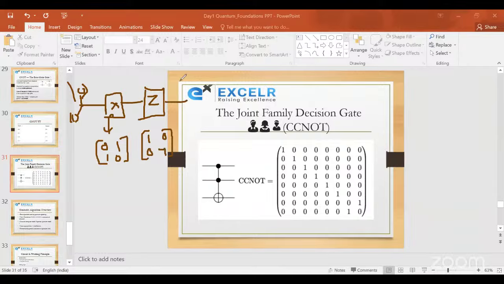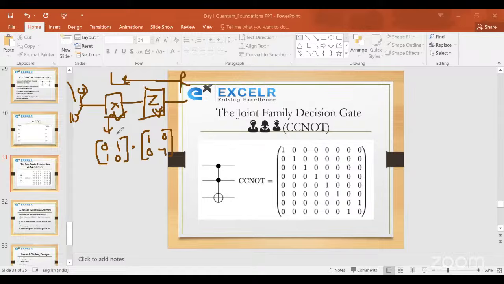So for the calculation, we have to take from right to left. There is a fundamental rule here that we have to take the calculations from right to left. So first we will take Z, then the matrix of X, and we have to multiply these matrices from Z to X. Note this line: the multiplication of the matrices doesn't follow the commutative law.